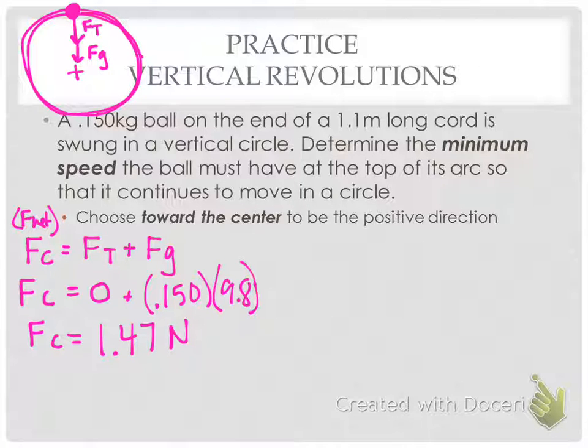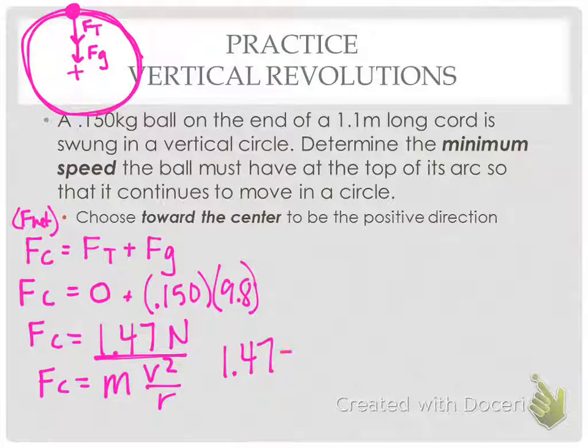Now let's look at how we would solve for velocity. What equation do we have that we can set up there? Fc is equal to what? M times v squared over r. So we have centripetal force: 1.47 equals mass times v squared over r, which is 1.1. Algebraically, you can do this in any order you want.